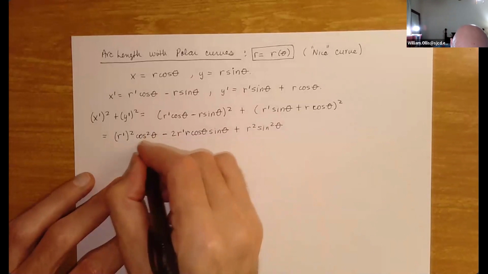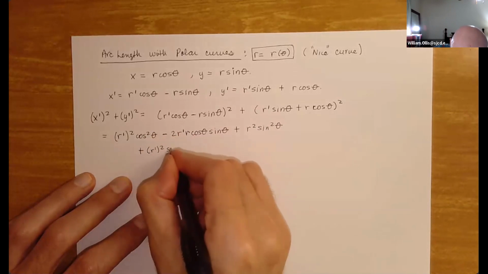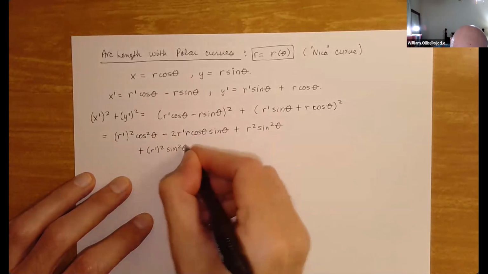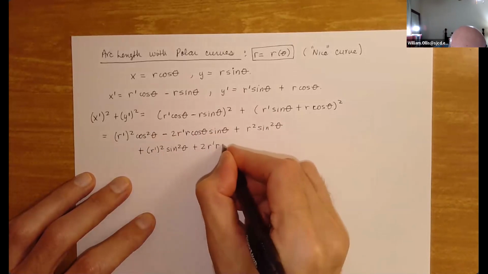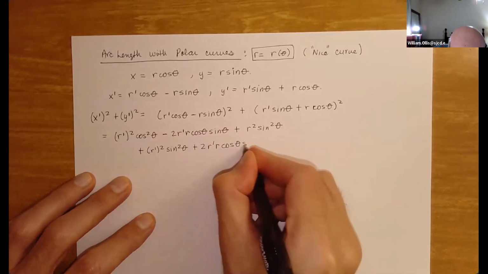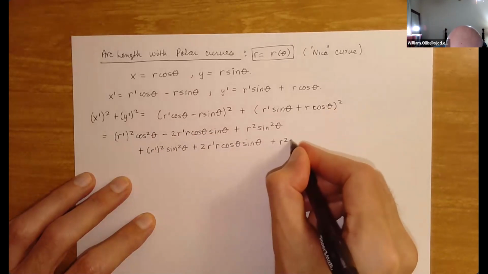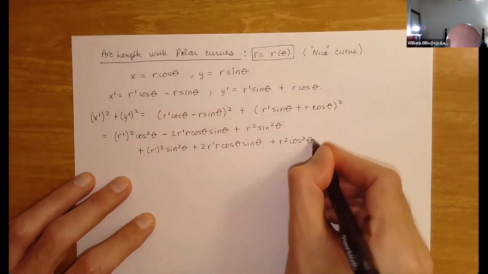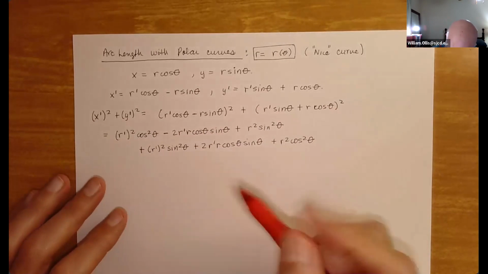Now we'll move to this one, plus r prime squared sine squared, plus 2 r prime r cosine theta sine theta, the middle term, so to speak, and then plus r squared cosine squared theta. So the algebra, the trig will make us happy with this.